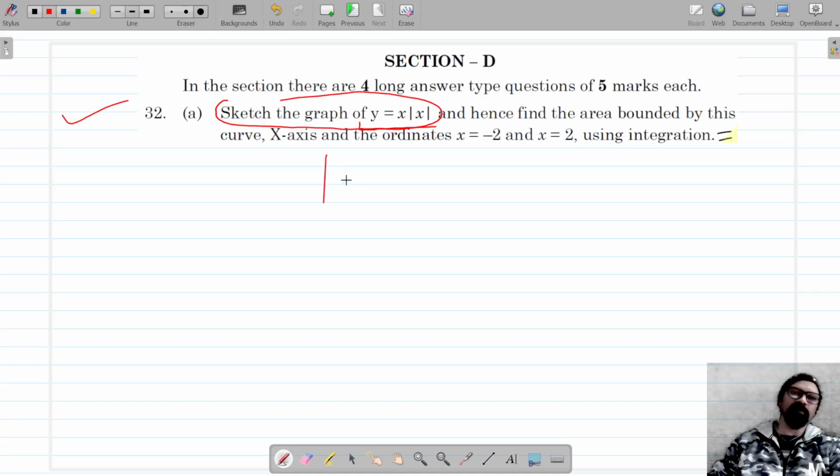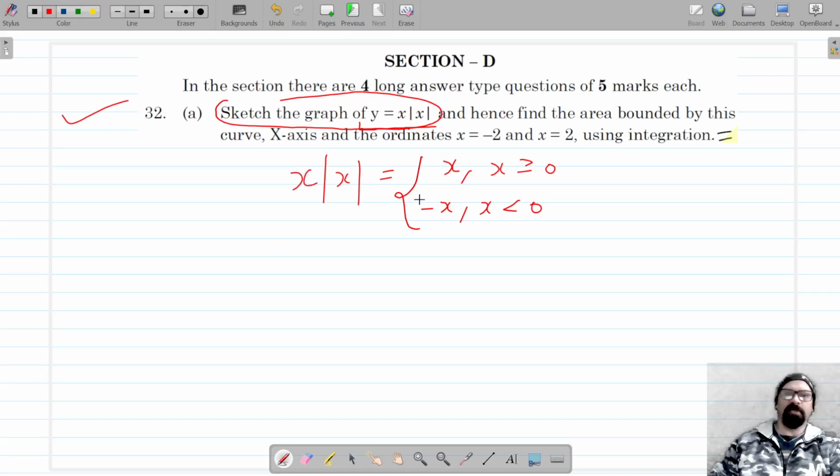We know that modulus of x is x when x is greater than or equal to 0, and it's negative x when x is less than 0. So if we multiply this with x, it becomes x squared, and this becomes negative of x squared.